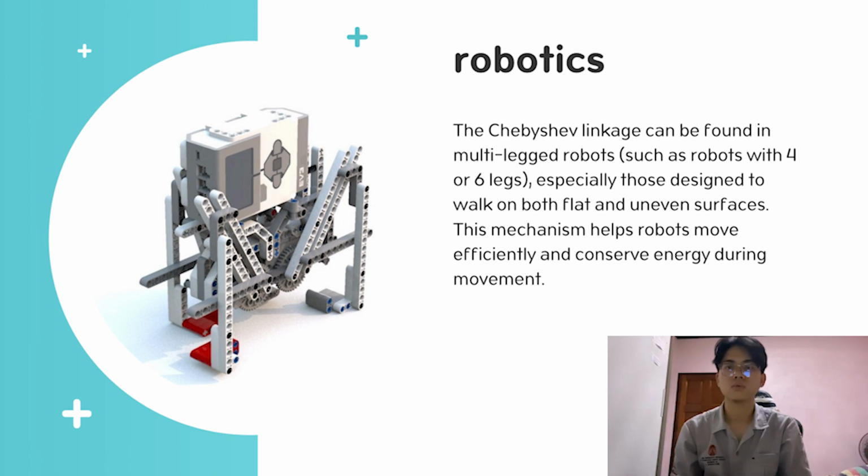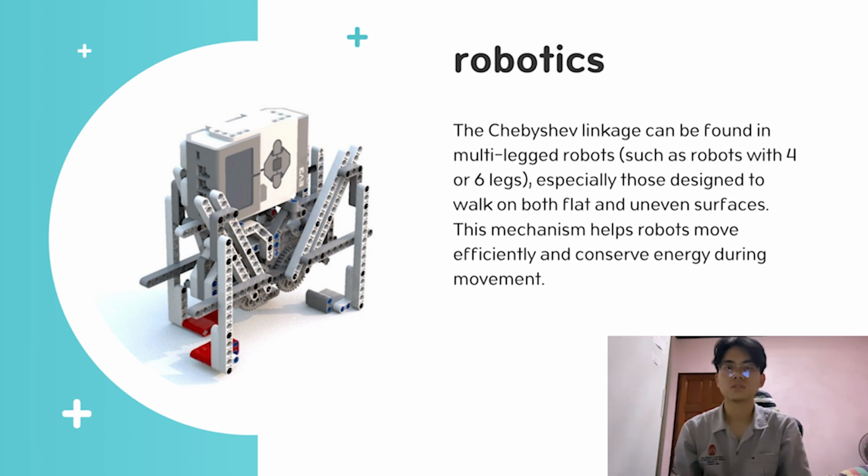As the motor rotates, the mechanism helps the end of the leg connected to link 4 move in a straight line or near-straight path, making it ideal for walking on flat surfaces.